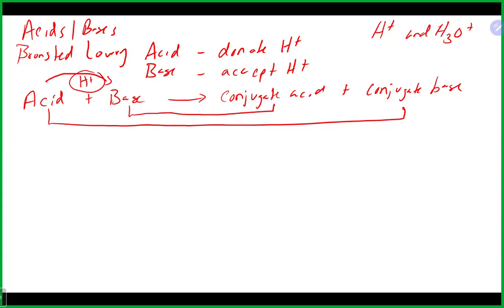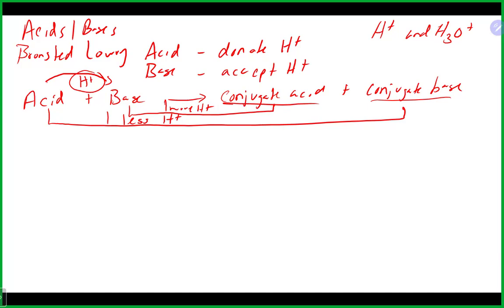As the acid donates its H+, it will have one less H+ when it goes to the other side and becomes the conjugate base. When the base accepts the H+, it will have one more H+ on the conjugate acid side than it started with because it accepted it. Remember, the positive charge on the H+ is important in terms of the overall charge of the conjugate acid or conjugate base.